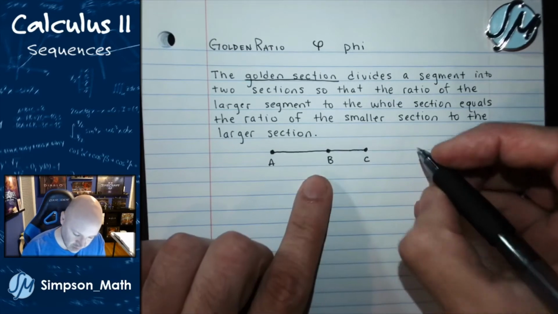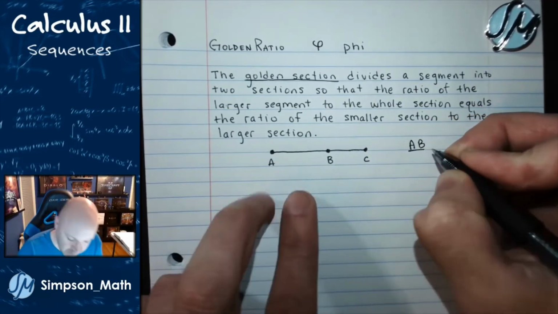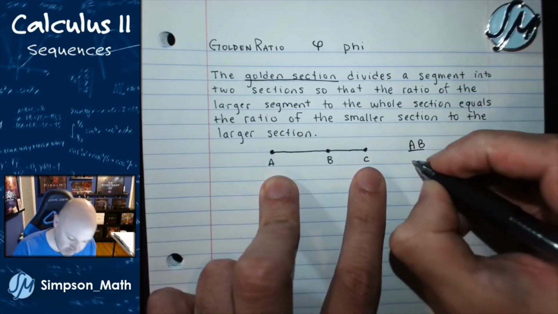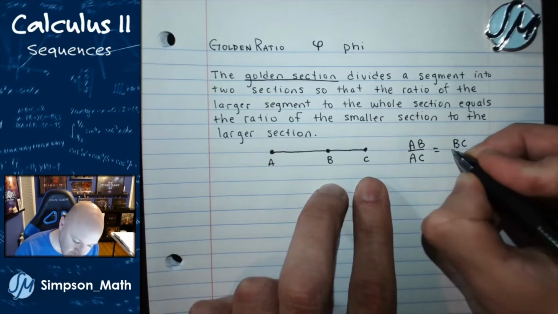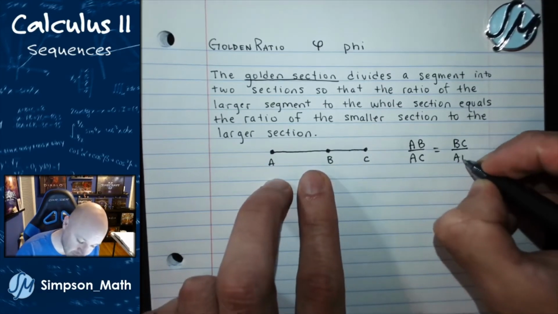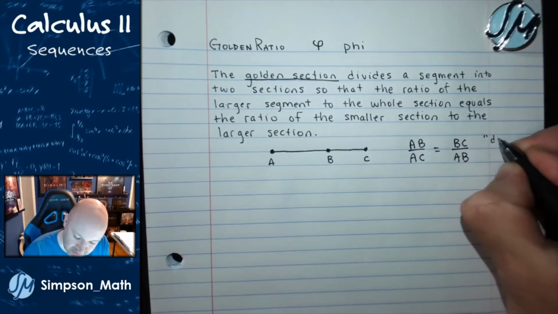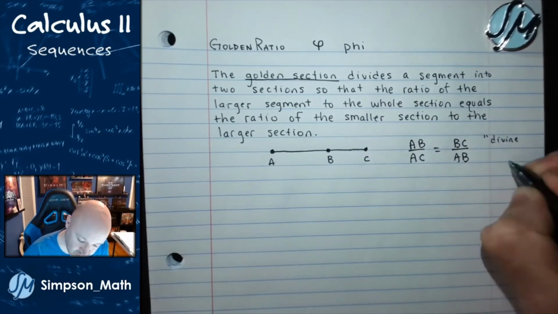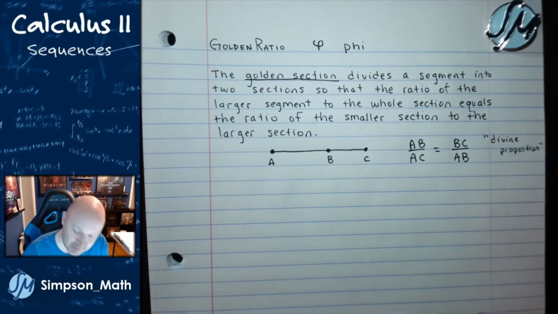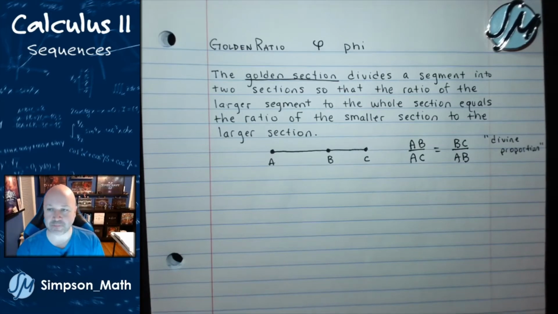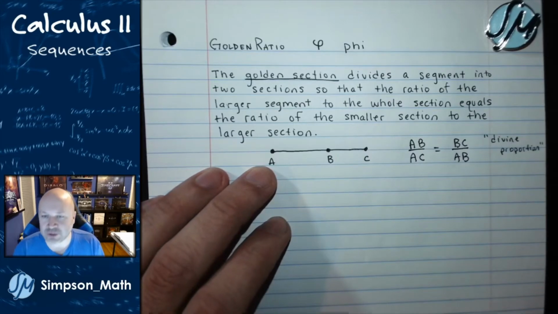So in symbols here, I could say AB is to the whole AC as BC is to the larger AB. And this pops up so often, we call this the divine proportion. It's pleasing to the eye. You can look for it in nature.